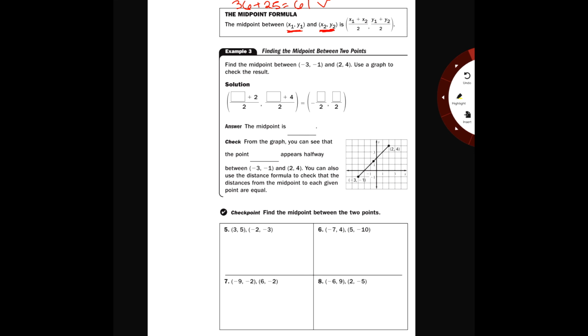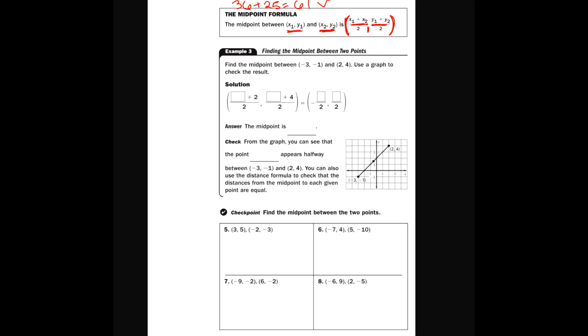Our midpoint is a point, so your answer is a coordinate with those fun parentheses, still x comma y. Add the x's together, so x1 plus x2 over 2, and y1 plus y2 over 2. So add your x's, divide by 2, add your y's, divide by 2, and you get your new x and your new y, your new point.